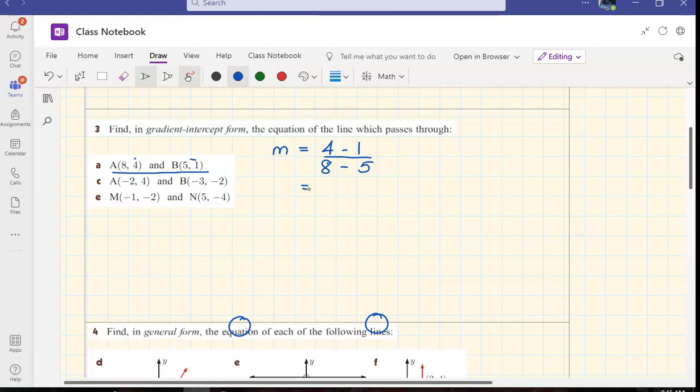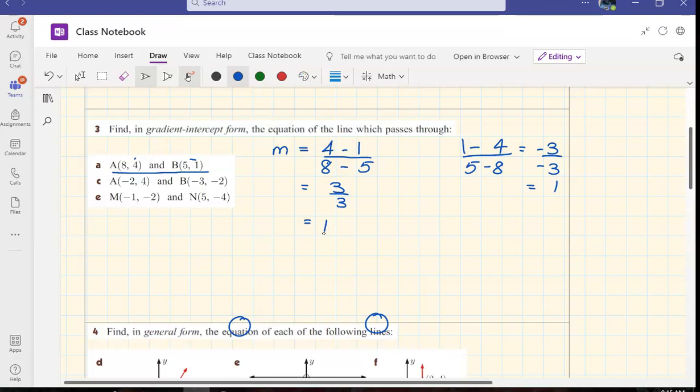Well, if you went the other way, 1 take 4, and then 5 take 8, you're going to end up with the same answer because you're going to get -3 over -3, which is +1. Here I get 3 over 3, which is still +1. All good, as long as you don't mix it. So there's my slope.